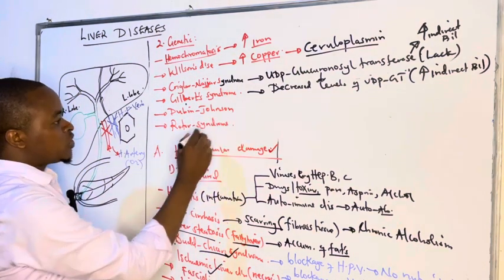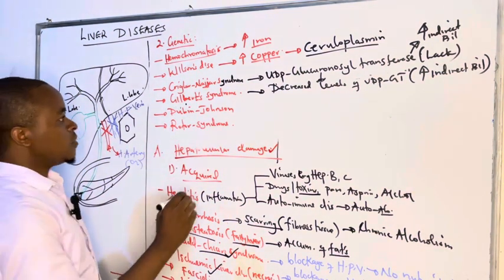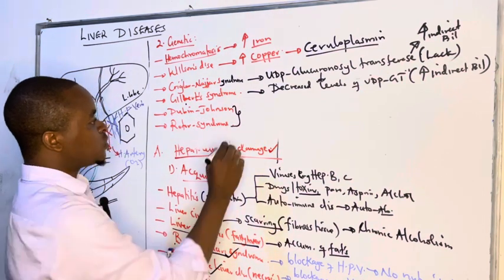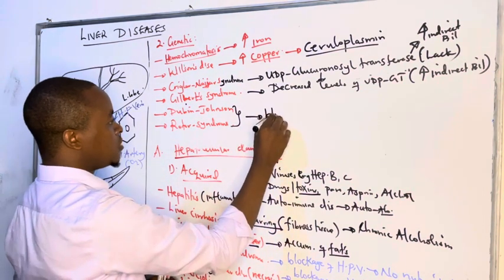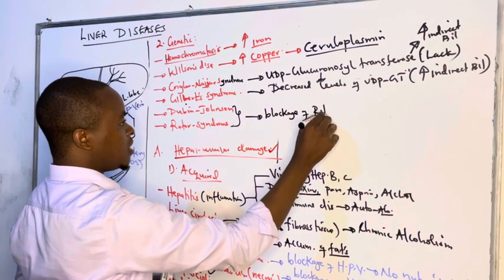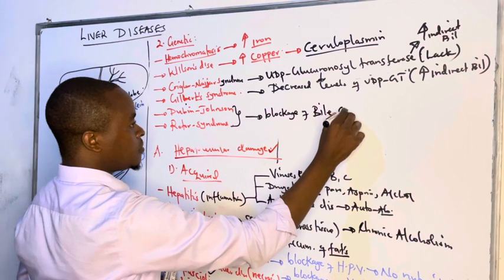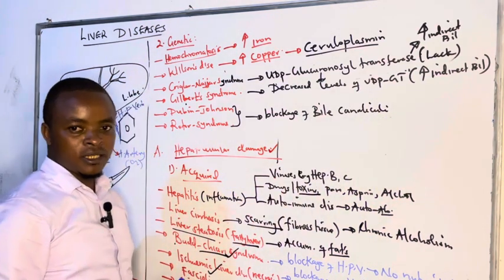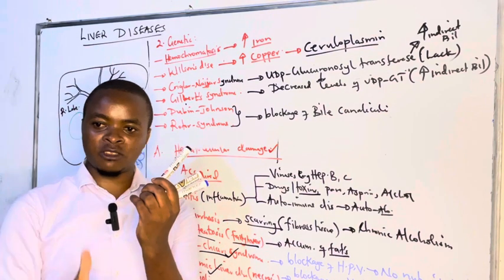Then in Dubin-Johnson syndrome and Rotor syndrome, these are due to blockage. There is blockage of the biliary canaliculi, what we call bile canaliculi. These bile canaliculi are the drainage system of the hepatocytes.